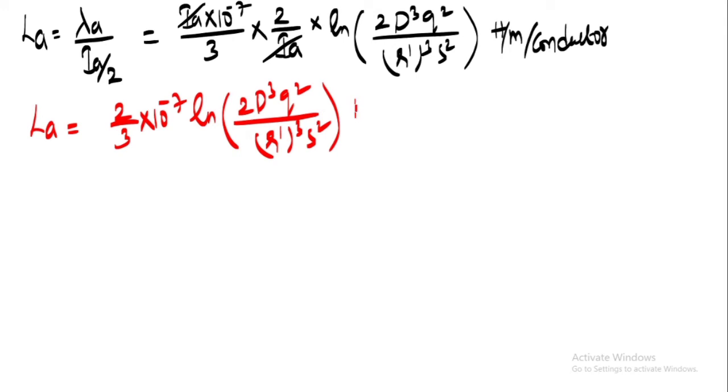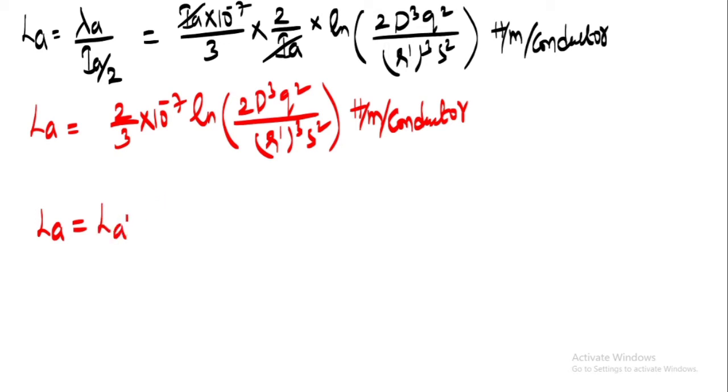But what I need is actually inductance per phase. Inductance per phase you can find by using the same analytical method, and you can find the inductance of A dash conductor also.